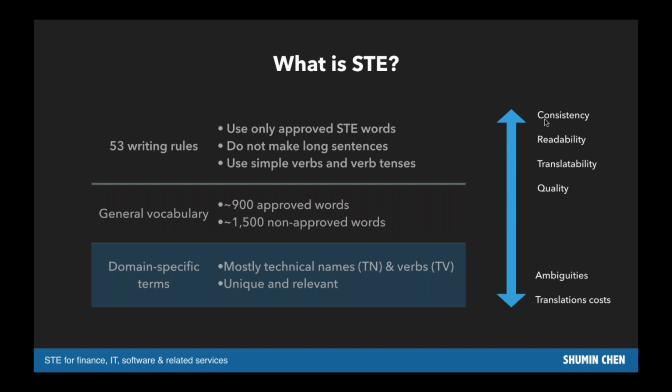So when you bring people to the table and they speak the common language or write in the common language of STE, it does open many conversations, discussion topics, and people will be more motivated to address gray areas of concerns. And overall, you get much cleaner technical content to work with.